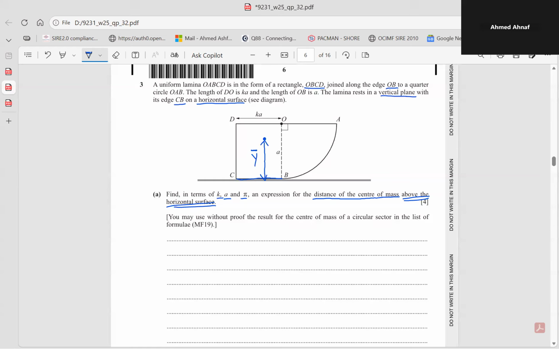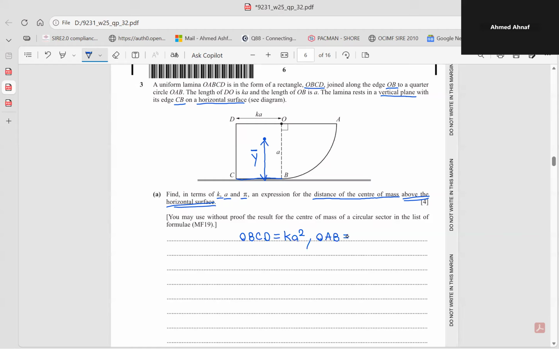First things first, we need to find the areas of the rectangle and the quarter circle, as well as of the lamina as a whole. Okay, so OBCD is just ka squared.